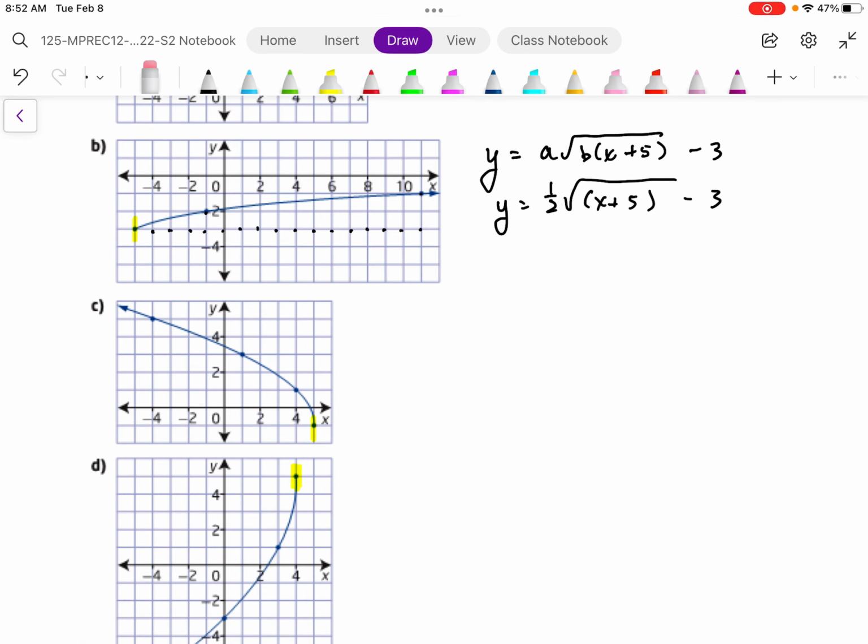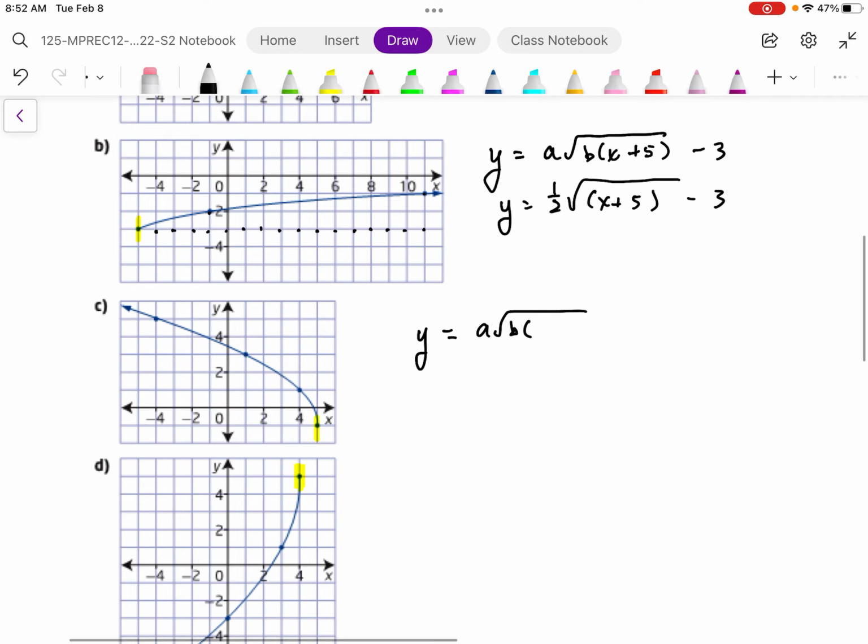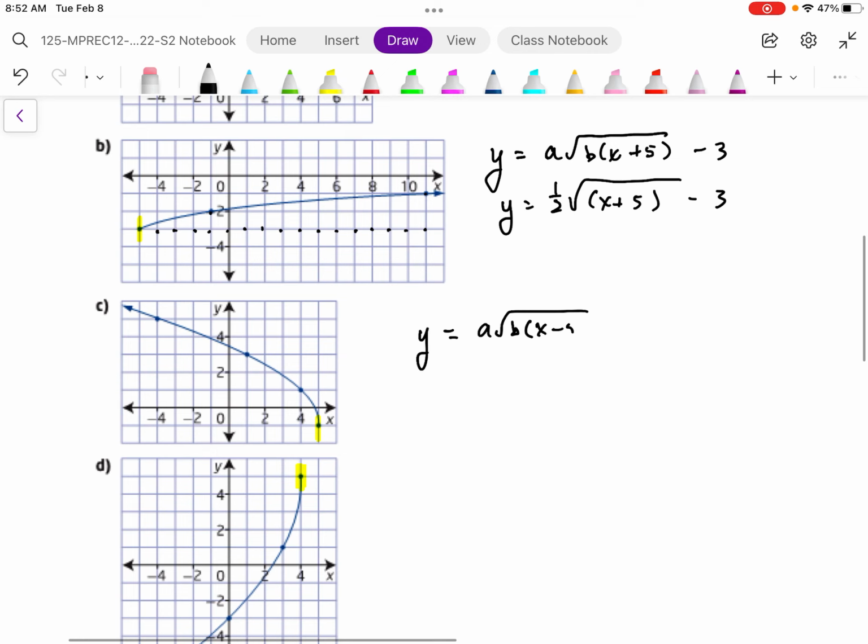So for C, we end up with y equals, my vertex is going to be at, it looks like, +5 this time, so -5, and then it looks like it's down 1, so -1. And then I'm going to look at my reference point, so I go 1 over 1, 2 up. Normally I would go 1 over 1 up, so that looks like it's a vertical expansion by 2. So I'm going to check it on my next point, so I go 1, 2, 3, 4 over, 1, 2, 3, 4.